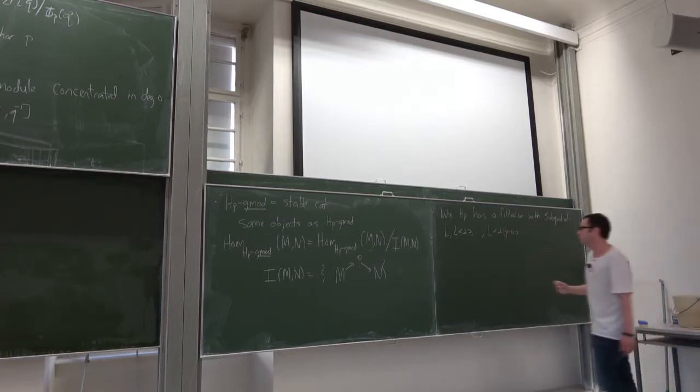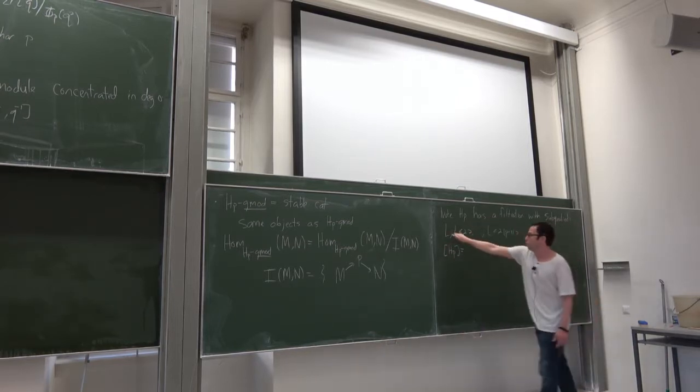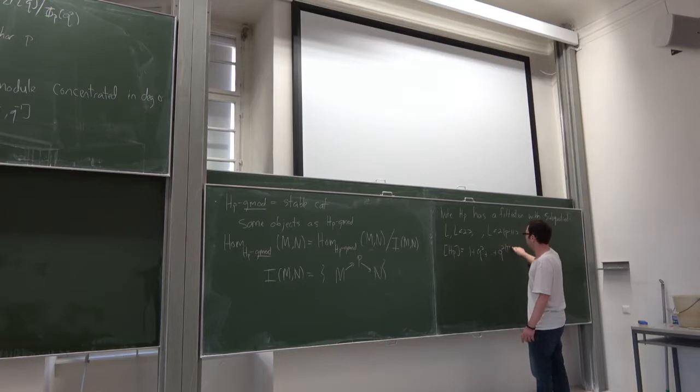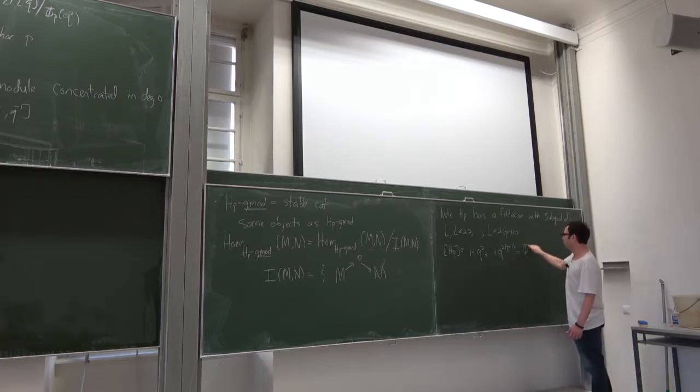So that means in the Grothendieck group, the class of H_P is equal to 1 plus Q squared plus up to Q to the 2(P minus 1), which by definition is our P-th cyclotomic polynomial evaluated at Q squared.